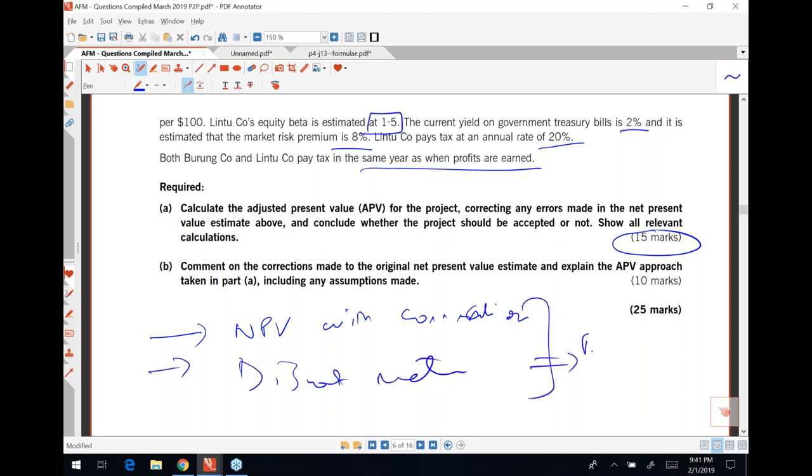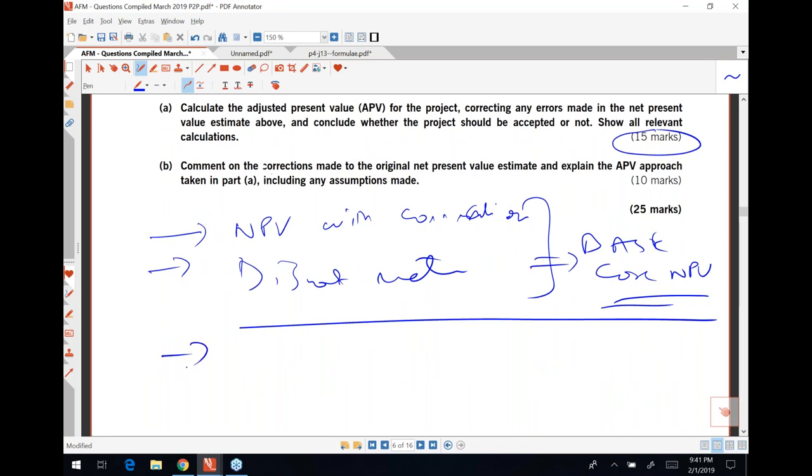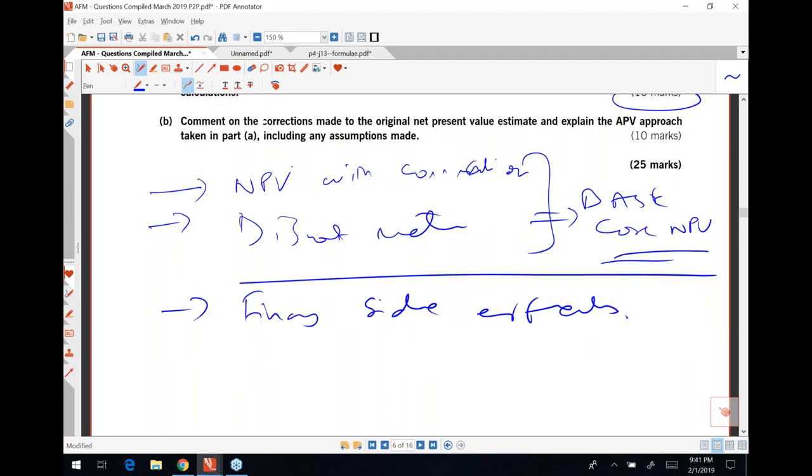Then we get the base case NPV. The third situation is that we need to use the financing side effects. So these are the three things that need to be rectified.